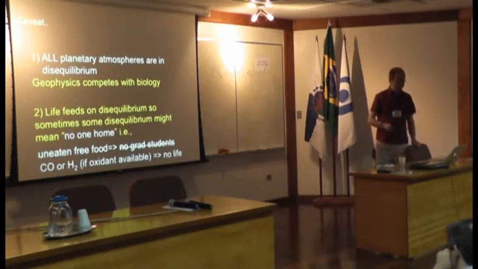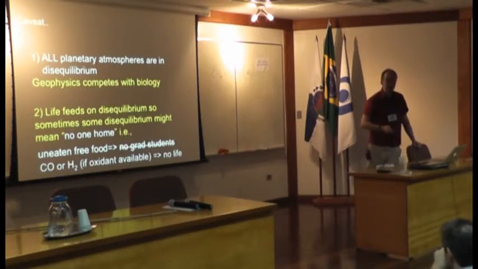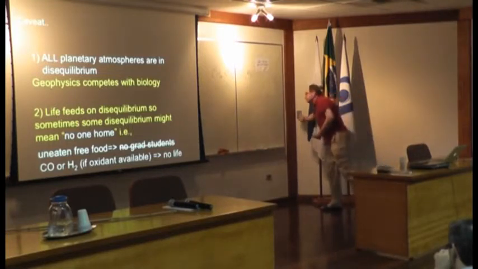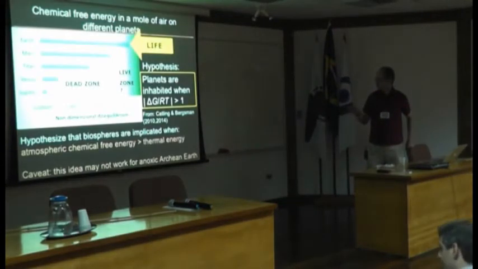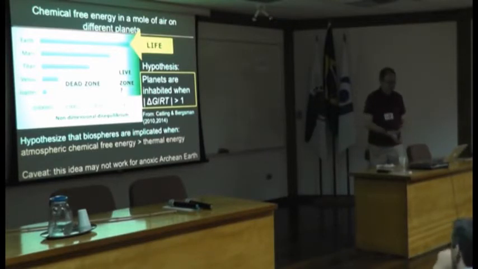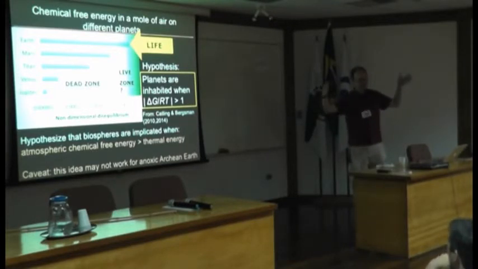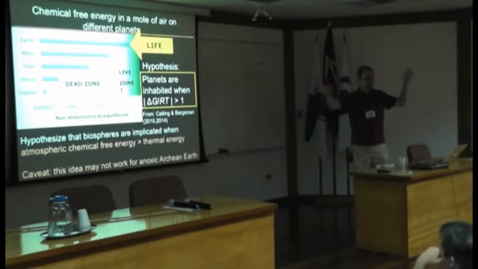If you do some calculations for our own solar system, you can see the differences in disequilibrium. So I've done some of that, but I haven't actually published it except in conference abstracts, but here it is anyway. So this is the change in Gibbs free energy if you take a mole of air on one of these planets and you react everything to chemical equilibrium.